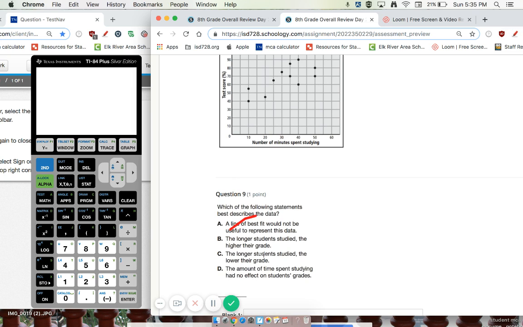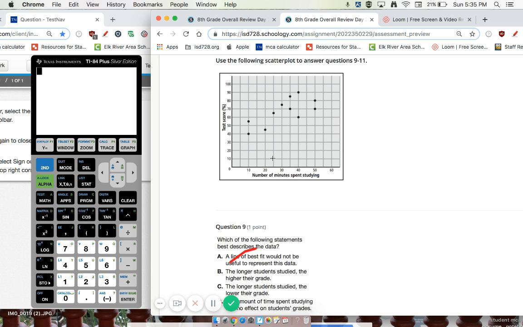Option B, the longer students study, the higher their grade. Yeah, because as kids are studying, their grade increases. You do have those random outliers where their grades start decreasing there, but I'm going to star this one. So far, I think this is the best choice.